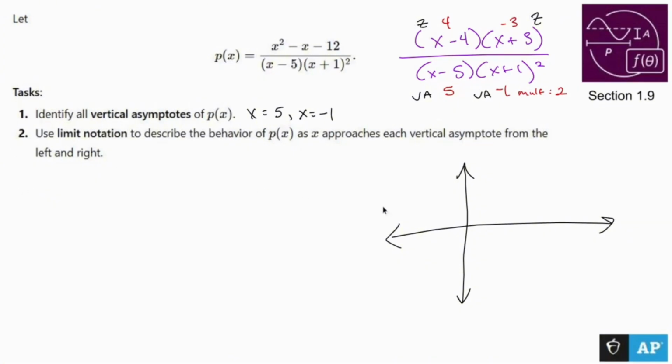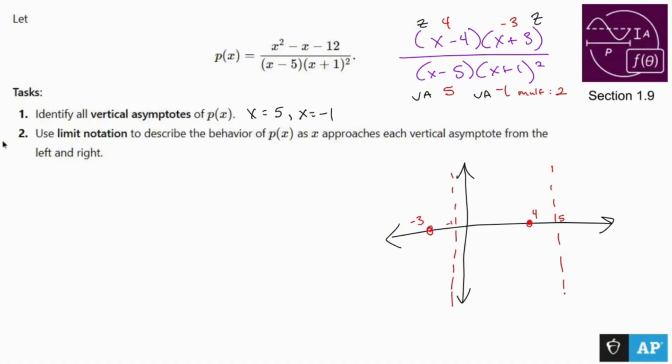I have a 0 at 4, a 0 at -3, a vertical asymptote at 5, and -1 is also a vertical asymptote.